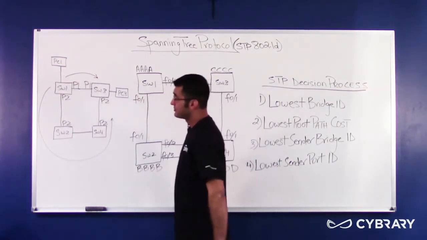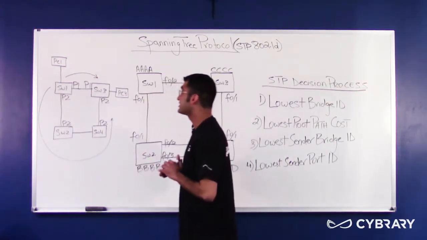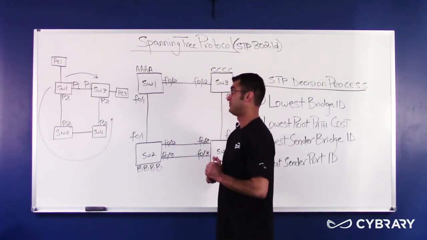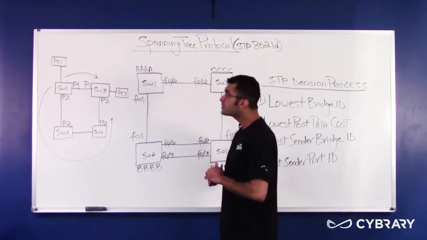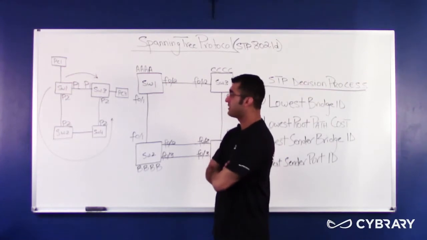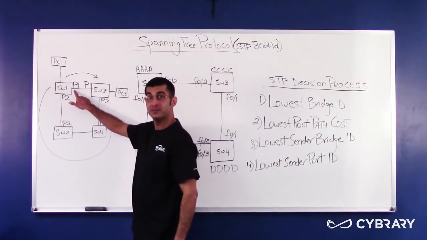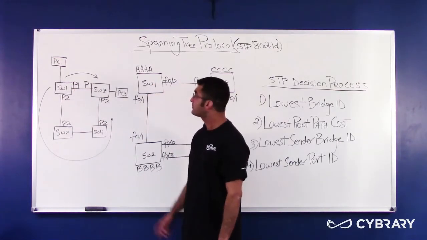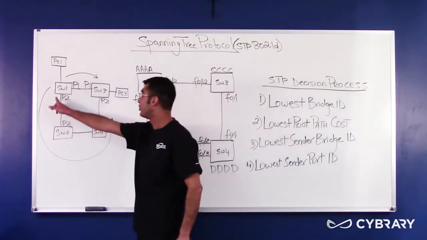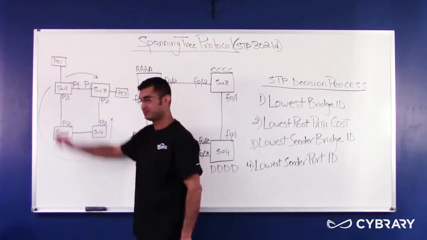So let's pretend that PC1 sends a frame out to PC3. Now, switch 1 knows that PC3 exists going out port 1, and also PC3 exists going out port 2.